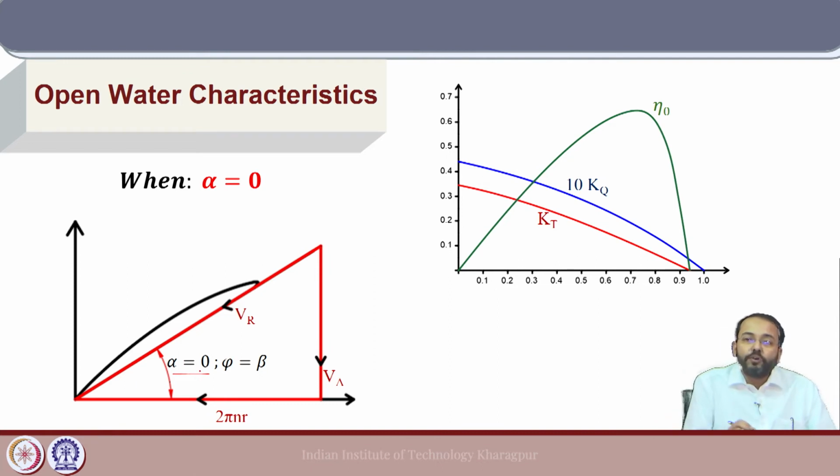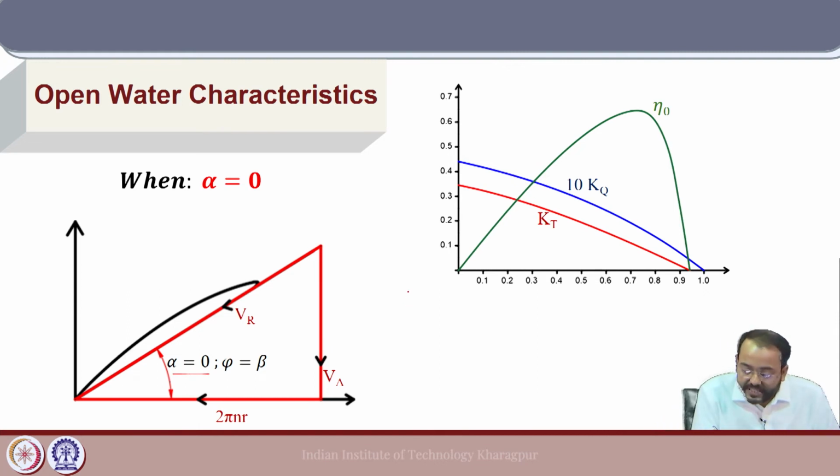Because alpha is 0, the section will produce a very small amount of lift. Why? Because typically these sections are cambered sections. If this was a symmetric section, for symmetrical aerofoil sections that we have discussed, at 0 angle of attack they do not produce any lift.